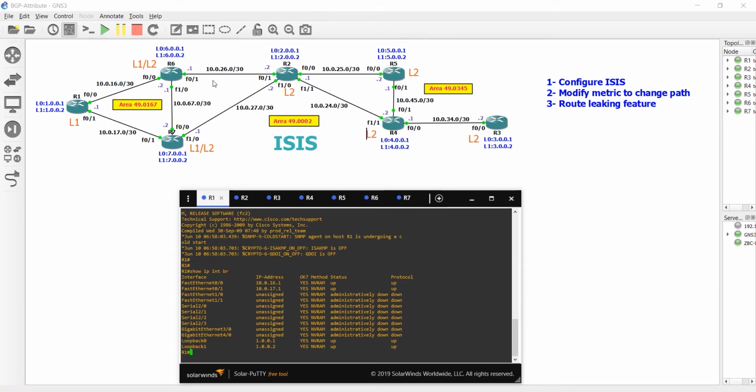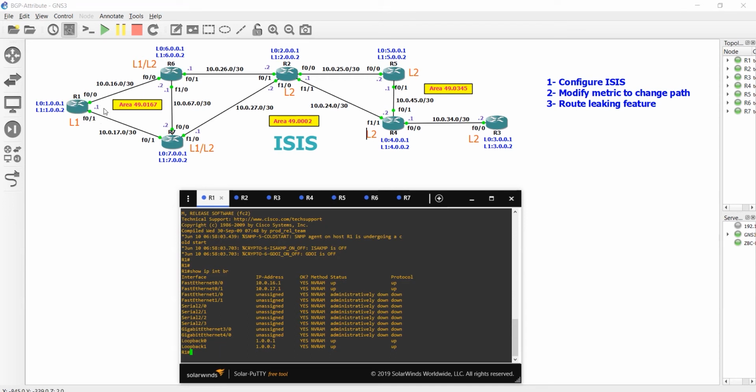And another thing, how did I assign the network? For example, between router 6 and router 2 it is 10.0.26.x, because this is router 6 and router 2. For router 2 and router 5, this link is 10.0.25.0. You can see here, for example, for router 1 I have assigned interface 10.0.16.1, because it's 1 for this interface and 2 for that interface.